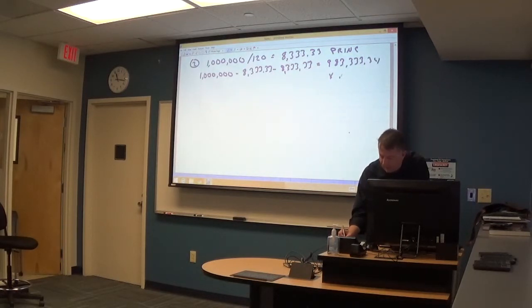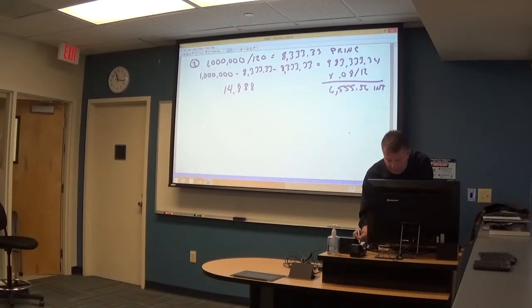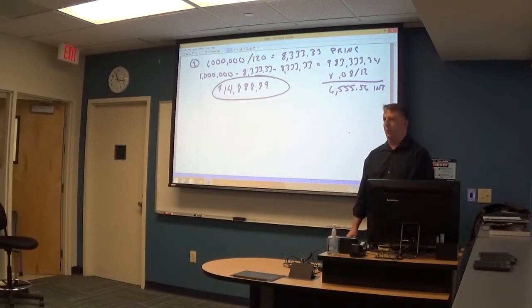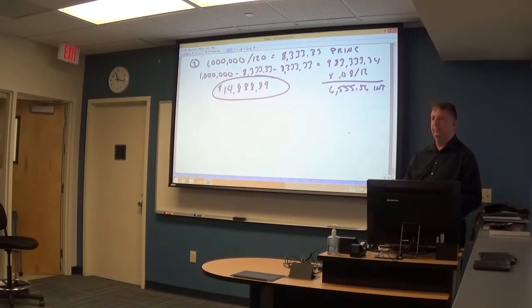Multiply that by your interest rate of 8% divided by 12 to get the monthly, which gives you $6,555.56 in interest. You add those two together and you get $14,888.89 as your payment for the 3rd month.